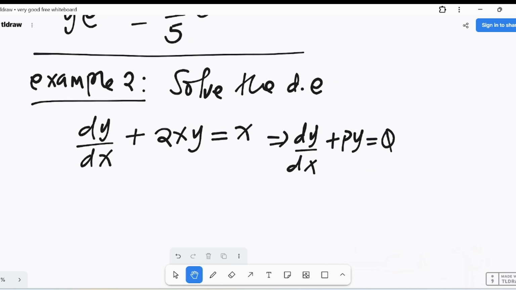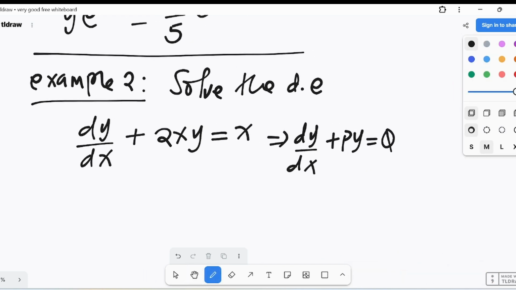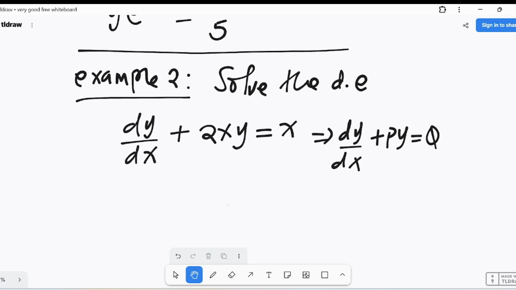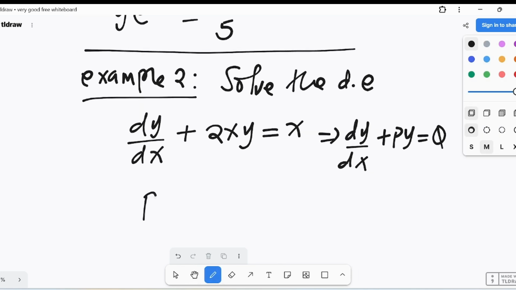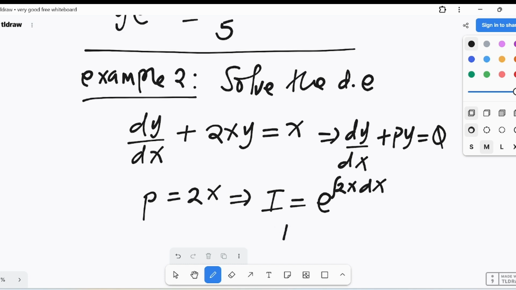Our p is 2x. So if we can get p, we can get the integrating factor. The integrating factor is going to be the exponential of the integral of 2x dx. So our I is e of x squared. Now the next step is to multiply it throughout.